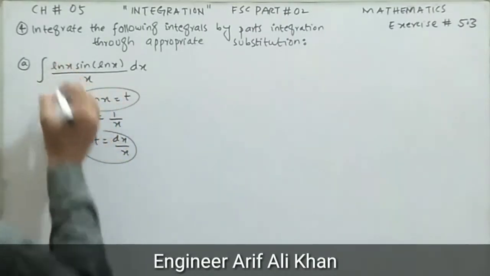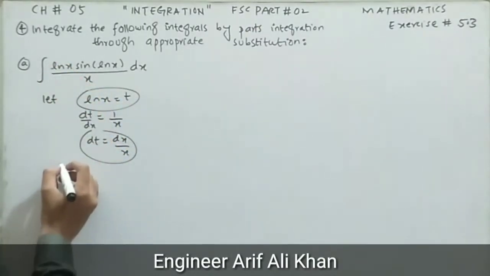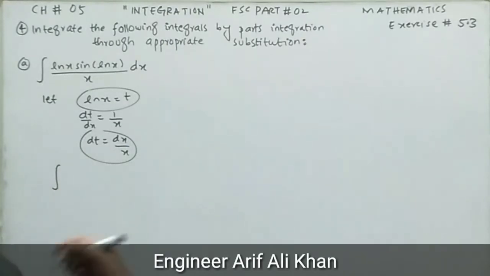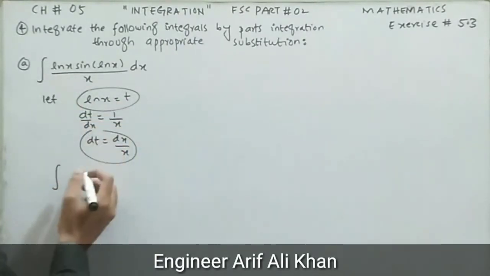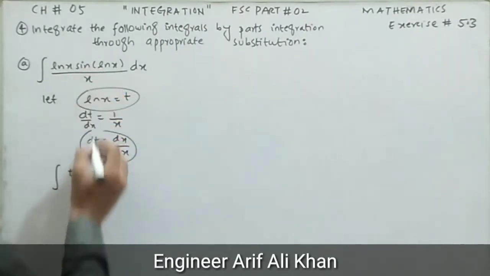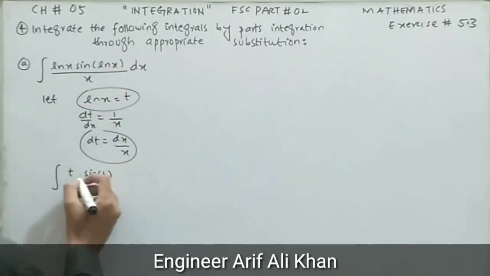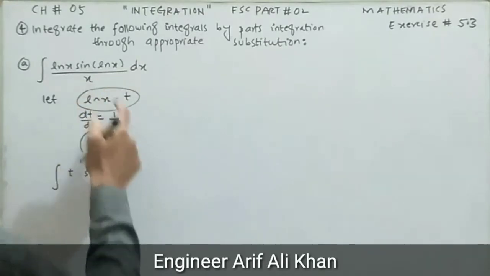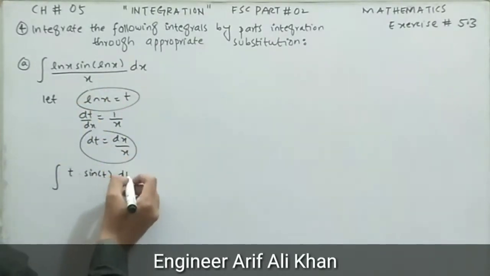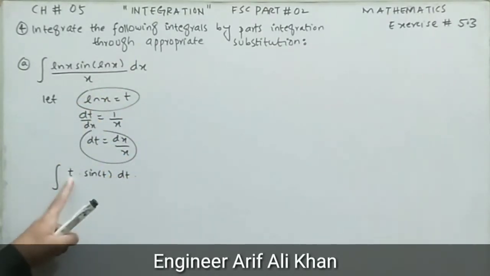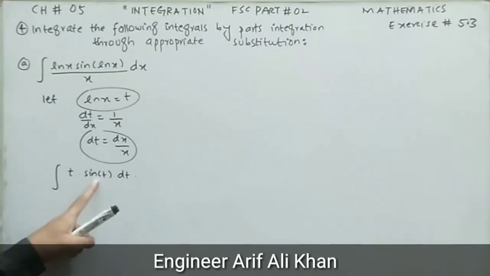So putting these two values in the given integral, our new integral will be generated in the form of differential dt. So ln x we suppose t, so it becomes t into sine of ln of x, which is sine t, and dx divided by x is actually dt. So over here we have two functions. First is the algebraic function t and sine t is a trigonometric function.